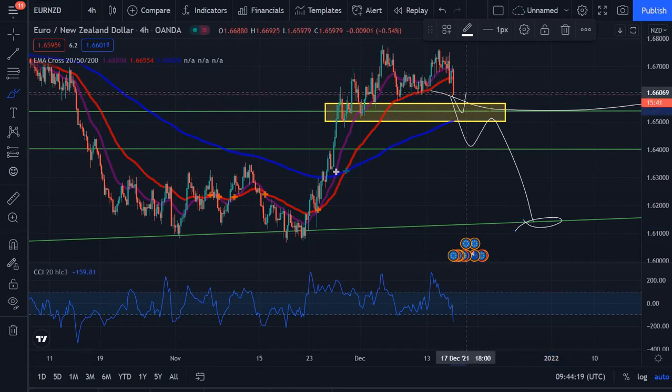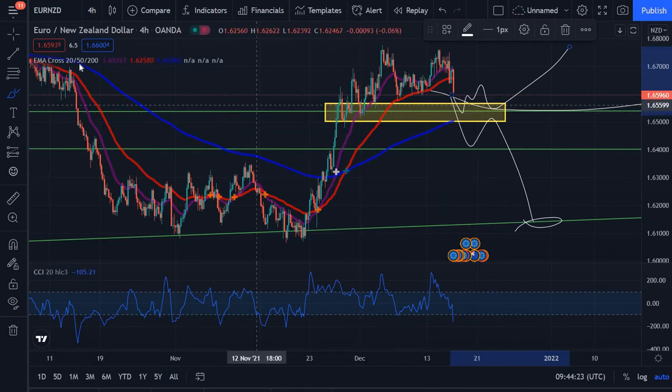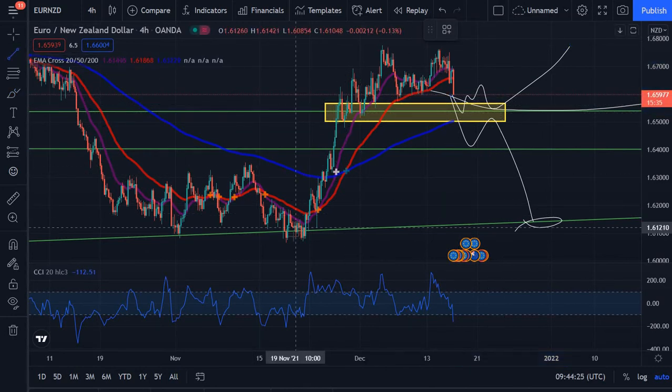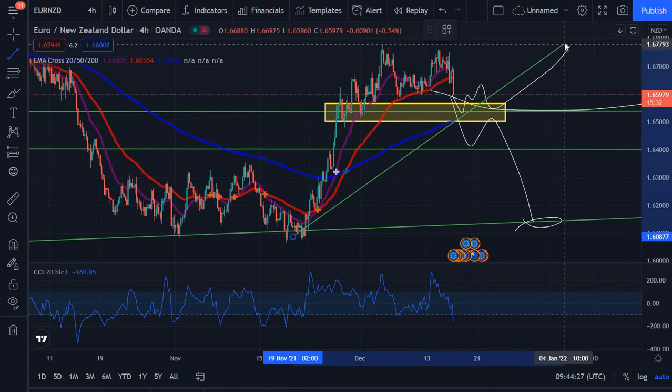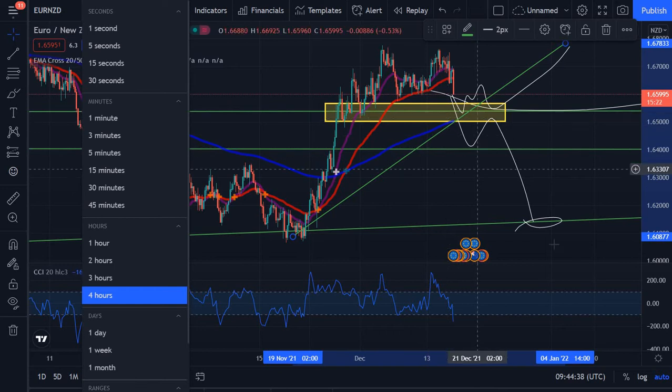But for now we might stick around here and then push higher, since we are trading above the 200 EMA and currently forming an upside trend, which means we could bounce off the 200 EMA here. But for now the target looks like we will go to this support zone here. So if you break, I'm going to short. If you remain here, I'm going to buy it. Just that simple.